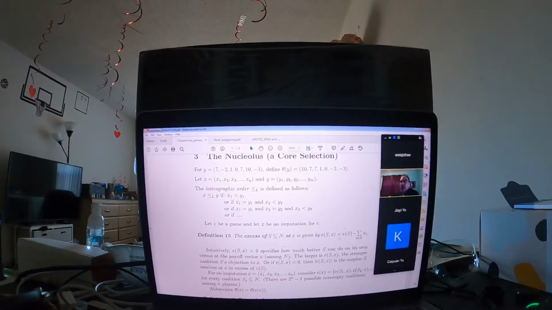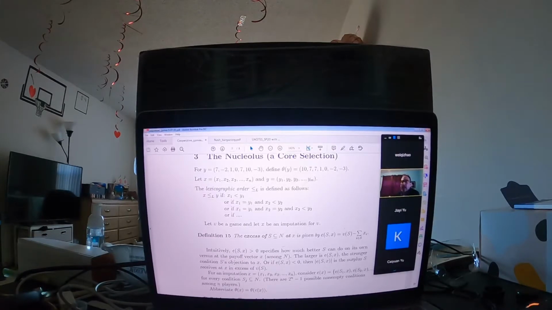If this is greater than that, if this is positive, it means that the coalition S can do better on its own than at the imputation X. Right? It means the worth of that coalition is greater than the amount it receives at X. So if it's positive, it means that the coalition S is sort of getting shortchanged.